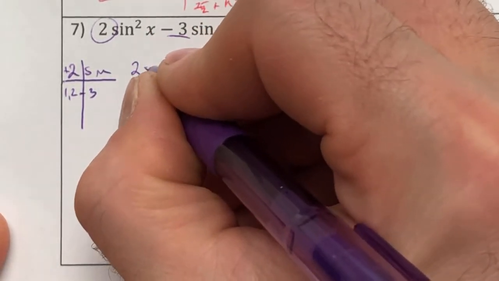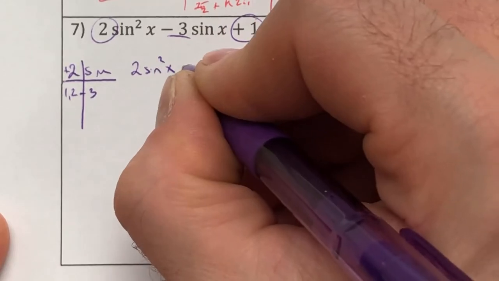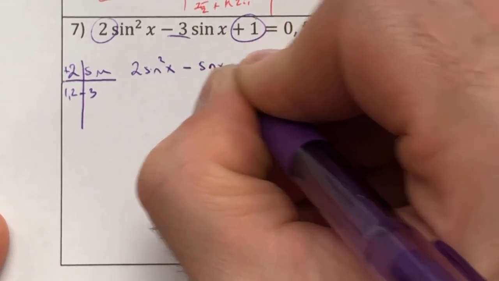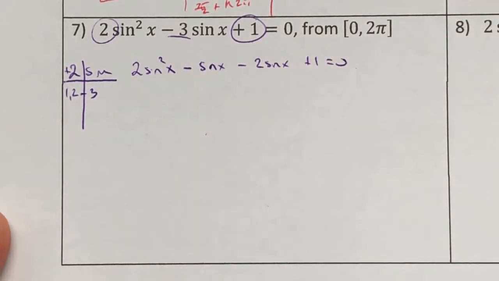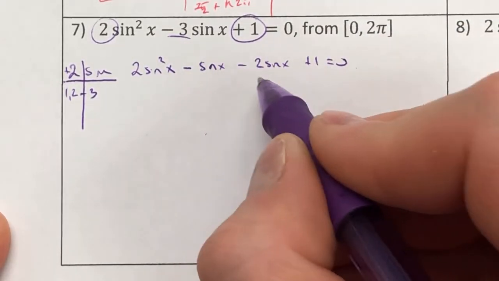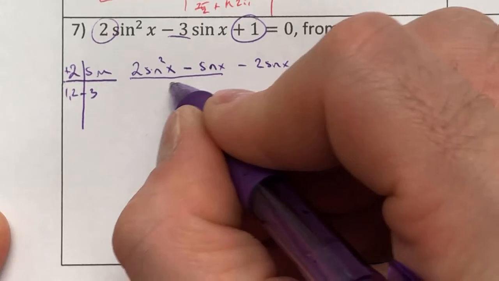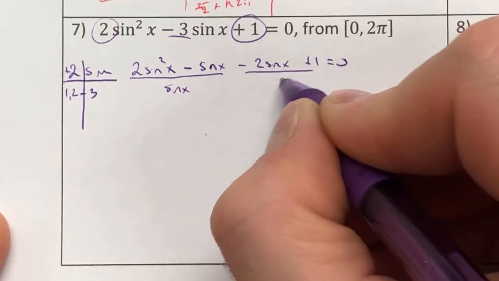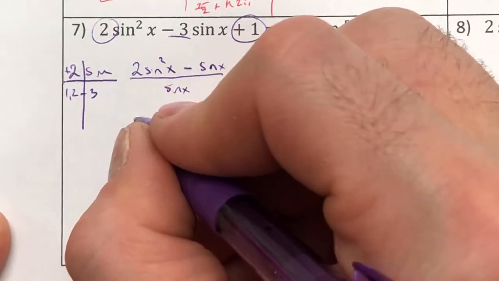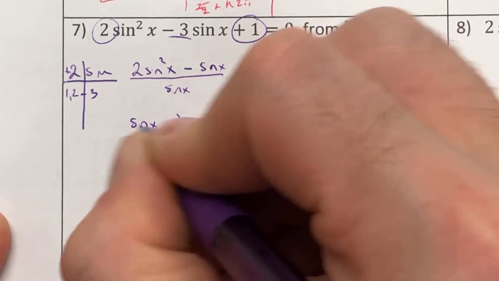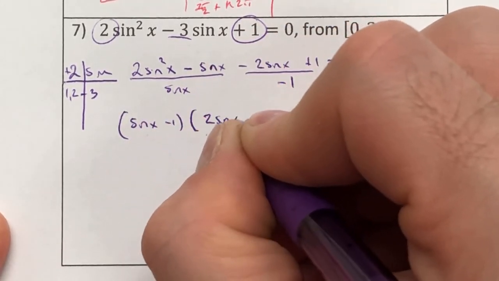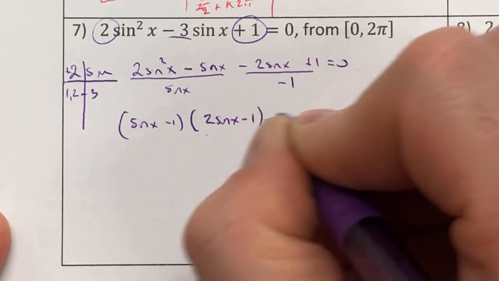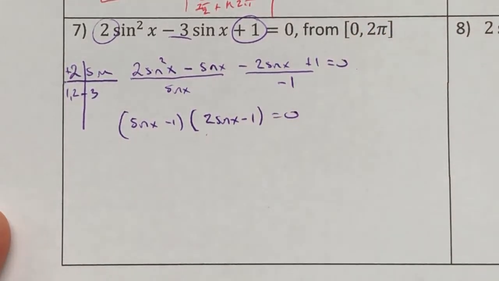So 2 sine squared x minus sine x minus 2 sine x plus 1 is equal to 0. Split my 3 into minus 2 minus 1. I'm going to pull out a sine x, and I'm going to pull out a negative 1, which means that sine x minus 1 times 2 sine x minus 1 are both equal to 0.